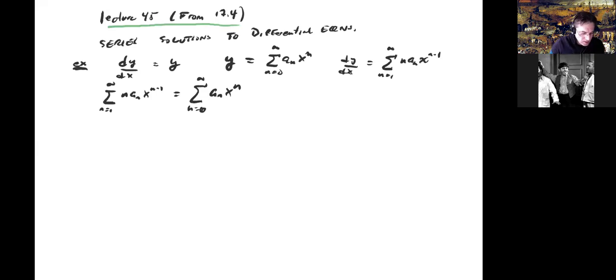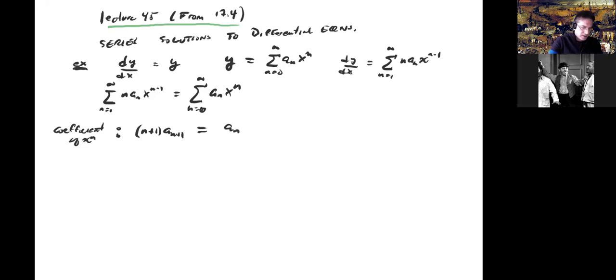So we want to equate the coefficients on both sides. So the coefficients of x^n: on the left, the coefficient of x^n is (n+1) a_(n+1), and on the right, the coefficient of x^n is a_n.